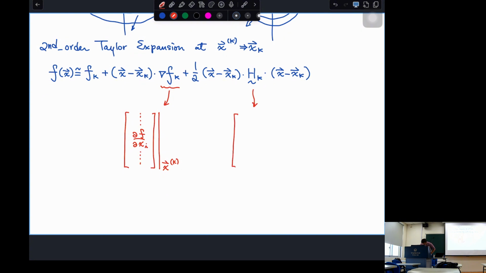Hessian basically is all the second order derivative terms, and after you perform the second order partial derivatives, you plug in xk. If you forget what that is, this is the second order Taylor expansion at xk.